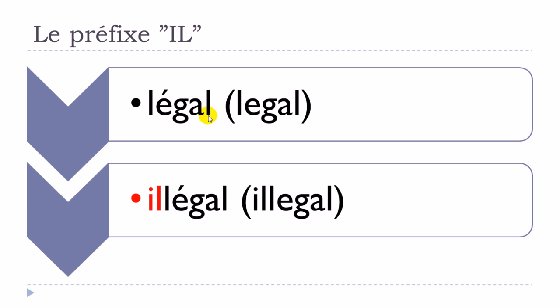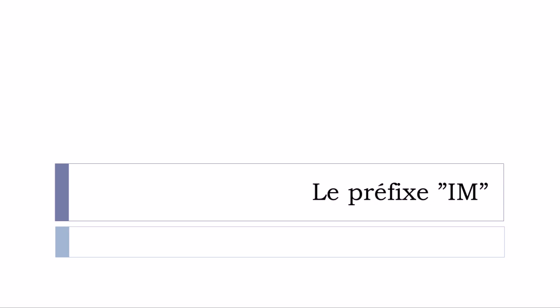Exactly the same concept, you just add this il in front of légal, and you get illégal. Of course you understood that we add this il here because the original word is starting with L. So that's the reason why you will have this I and then L. Alright, so légal, illégal.